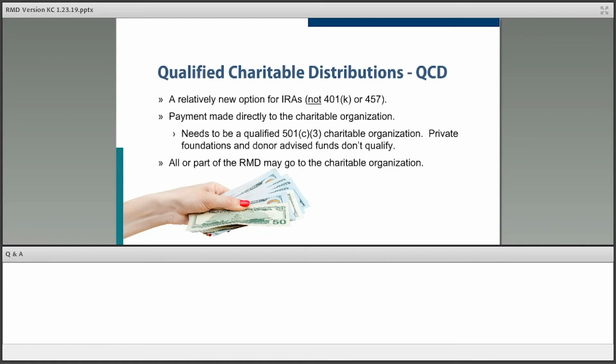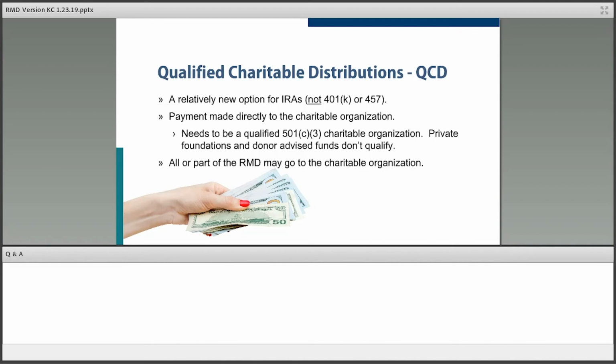But to be able to do the qualified distribution, I've got to wait until 2020 to do that from the traditional IRA account. So in other words, you've got to have your money in the traditional IRA account in the year prior to the year that you're doing the qualified charitable distribution.